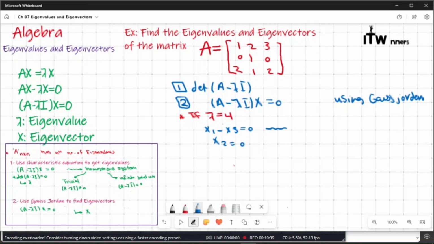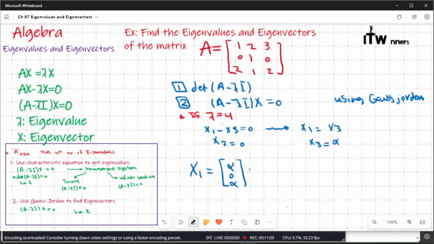From here, I can say that x1 equal to x3. Let x3 equal to alpha, then x1 equal to alpha. So the first eigenvector is alpha times 1, 0, 1, where alpha is an arbitrary value. This is the first eigenvector related to this eigenvalue.